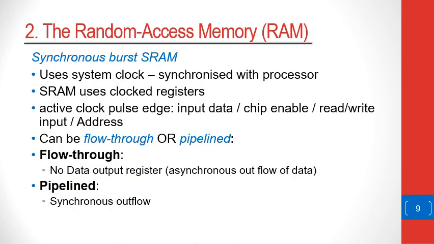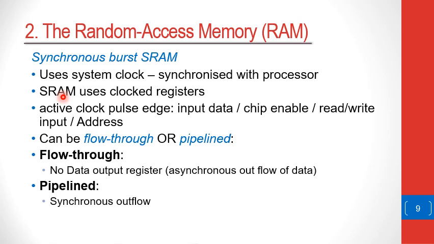Having discussed generally the operation of asynchronous RAM, let's now look at the operation of synchronous bus RAM. So the defining characteristic of synchronous RAM is that it uses the system clock, that is, it's synchronized with the processor, and the SRAM has clocked registers.